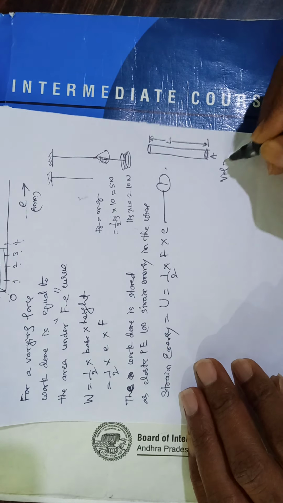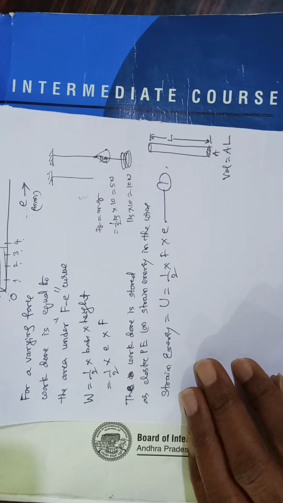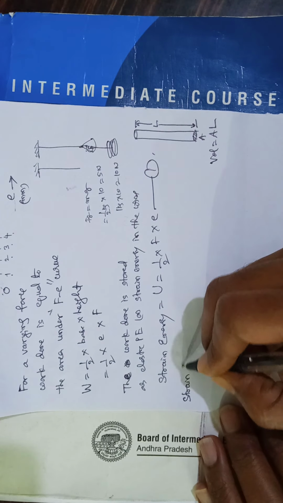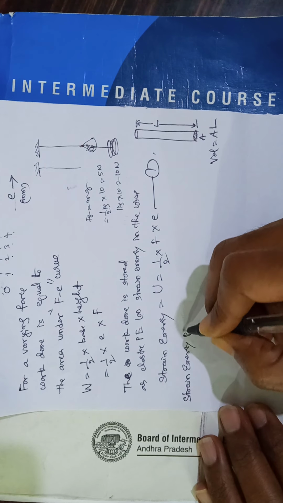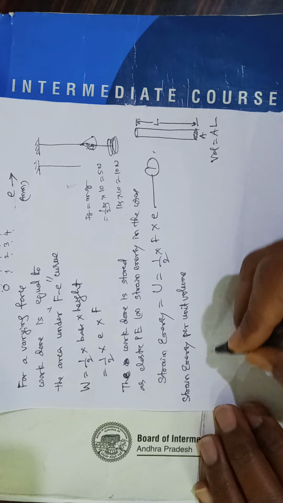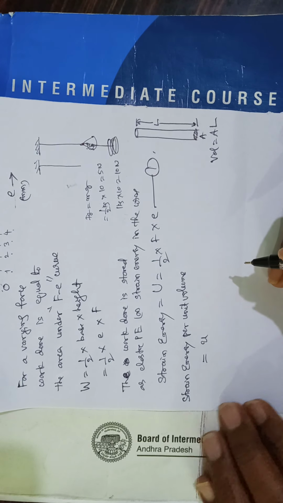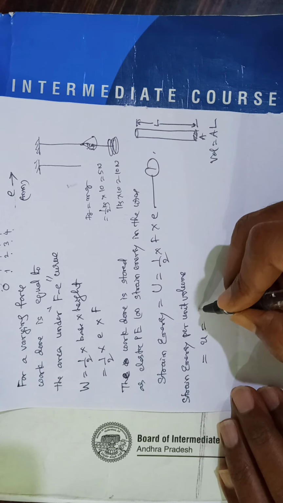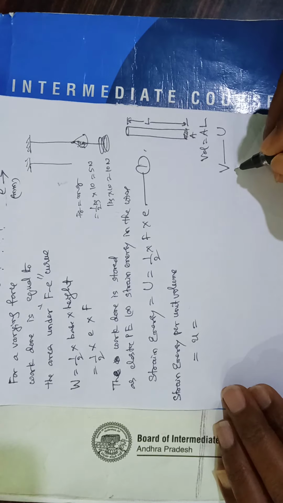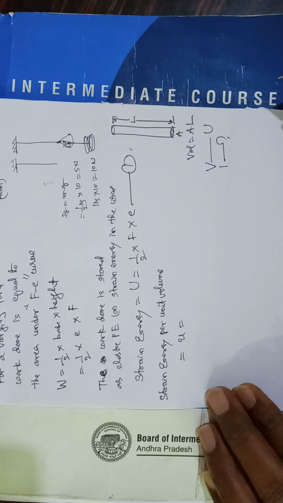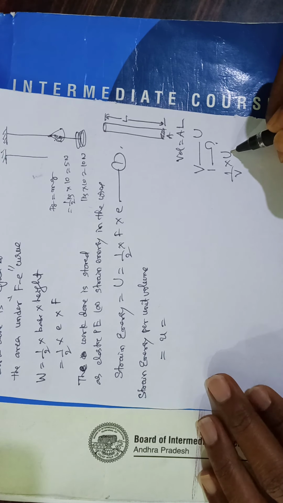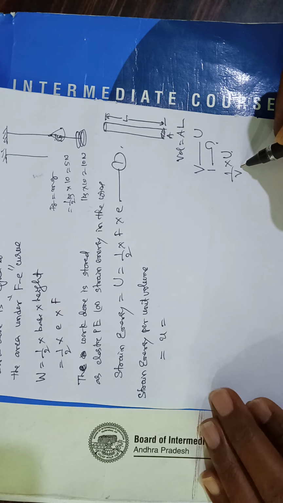Now, strain energy per unit volume is denoted by small u. In V volume, U energy is stored. In unit volume, how much energy is stored? 1 by V into U. That is, dividing the stored energy by volume, you get strain energy per unit volume.